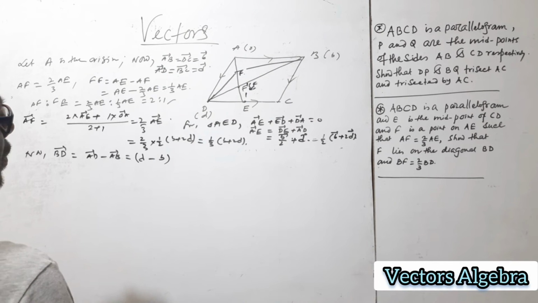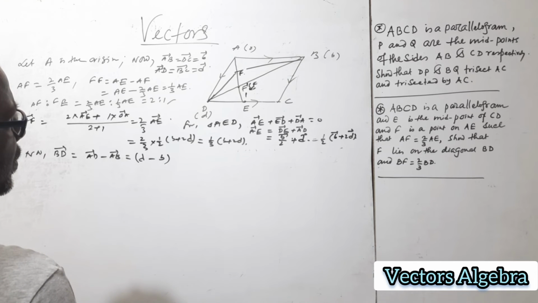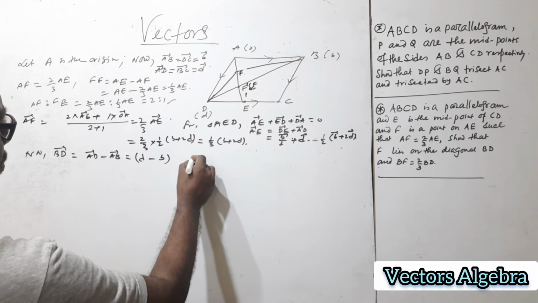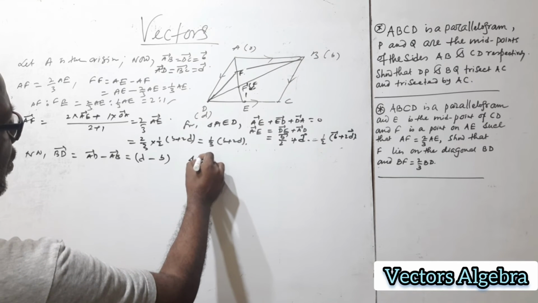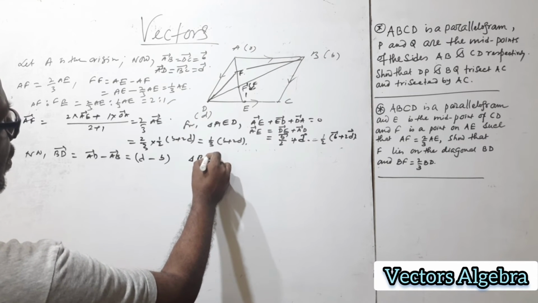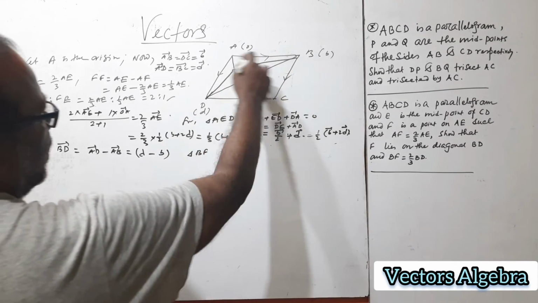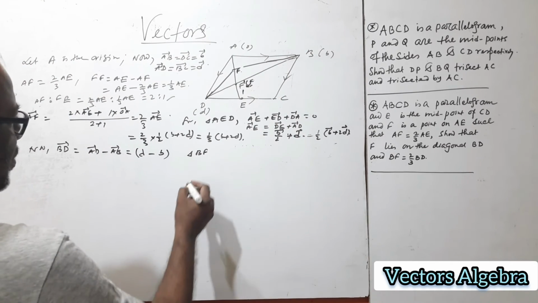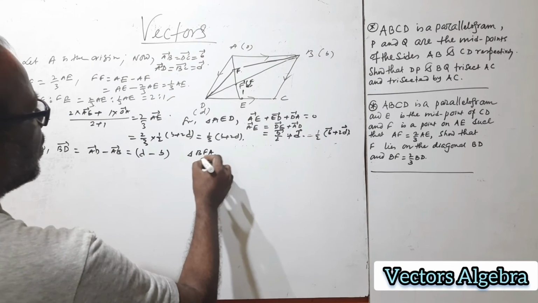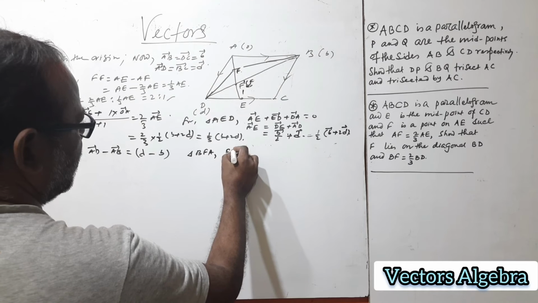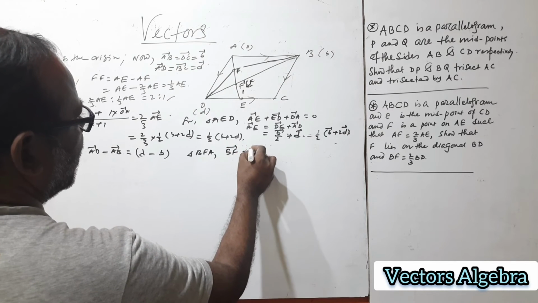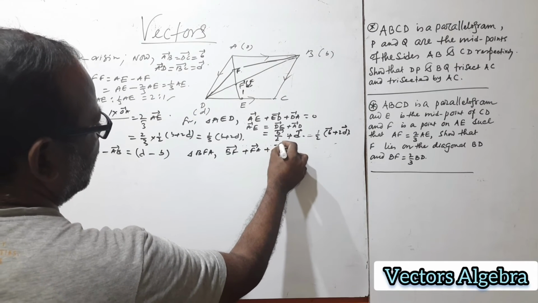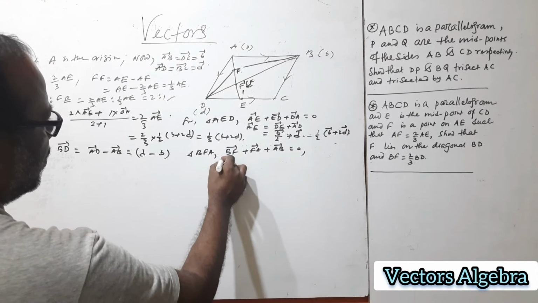Now find the position vector with respect to the triangle BFA. So that is BF plus FA plus AB equal to 0.